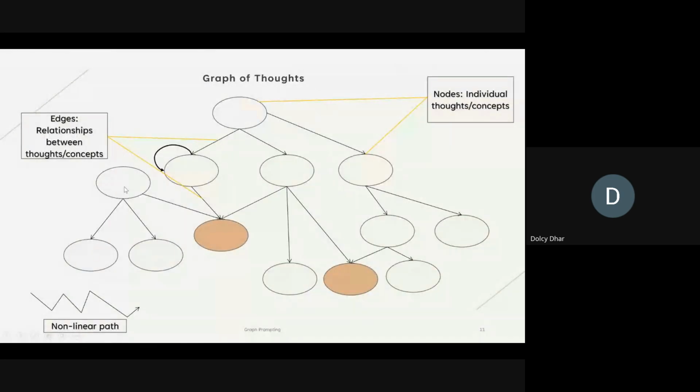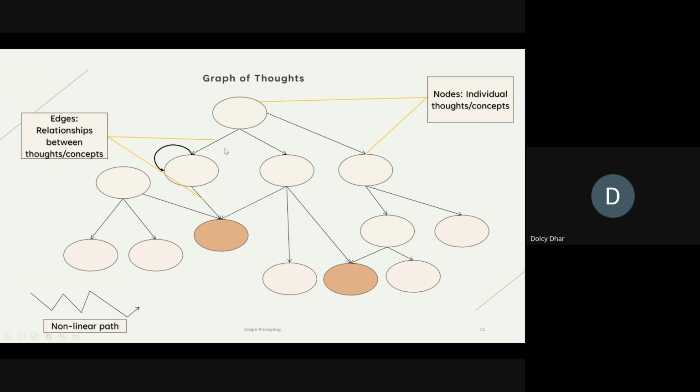Through different channels you can come to the same answer. Now, if you see on the right hand side, suppose the LLM is here and moves from here to here. You can see there are three steps involved. But in order to come here, it could have taken two steps also, right?